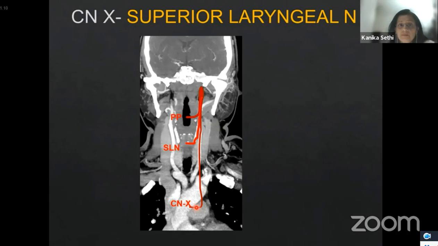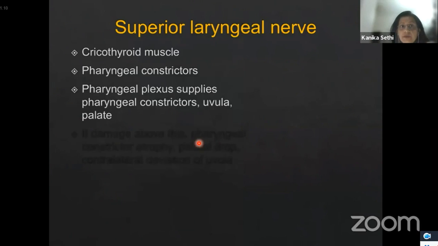The pharyngeal plexus and the superior laryngeal nerve arise from the superior part of the nerve. This is very important, whereas the recurrent is from lower down. The superior laryngeal nerve supplies the cricothyroid muscle, and the pharyngeal plexus supplies the pharyngeal constrictors, uvula, and the palate. So these are branches from the proximal part of the vagus nerve.